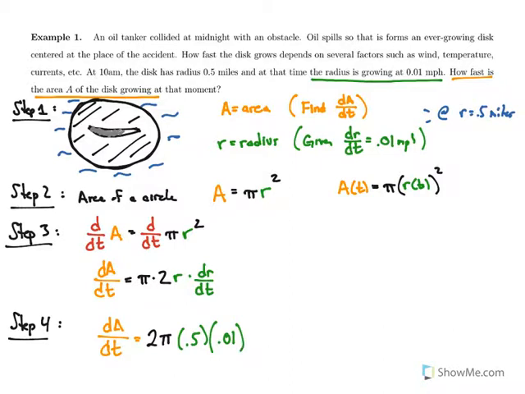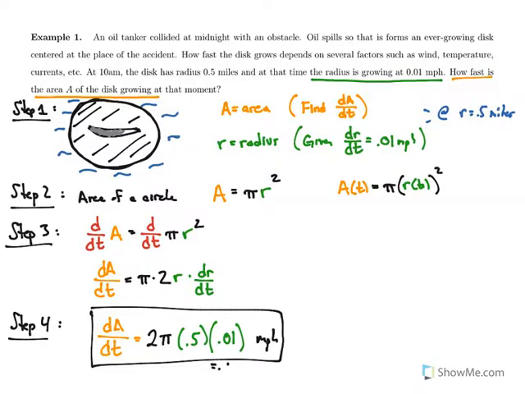So this is our answer. We can simplify it if we want. Let's actually just leave it like this. This is our unsimplified answer. The area is changing at that rate. It is growing, so it's a positive rate. I guess we can write it as 0.01 pi, which is 0.0314 or so.